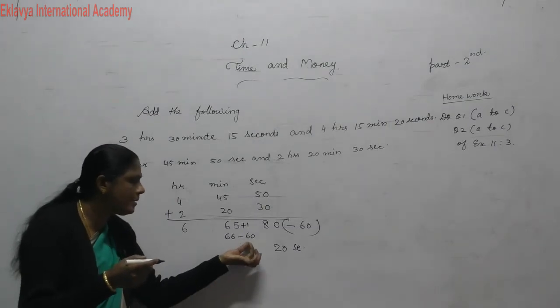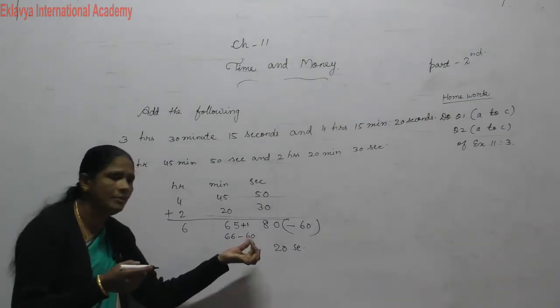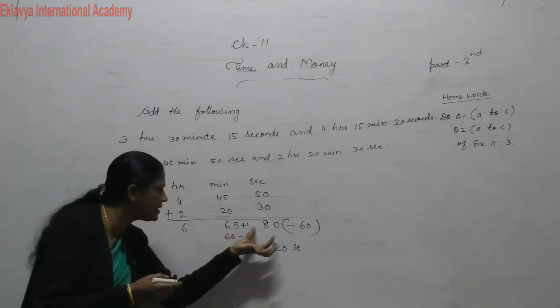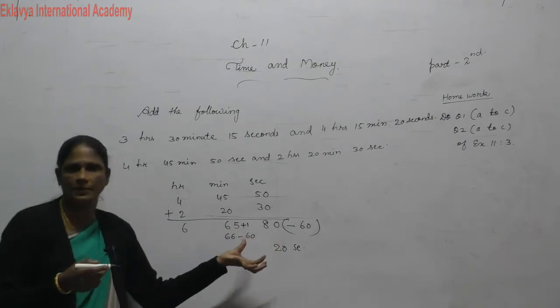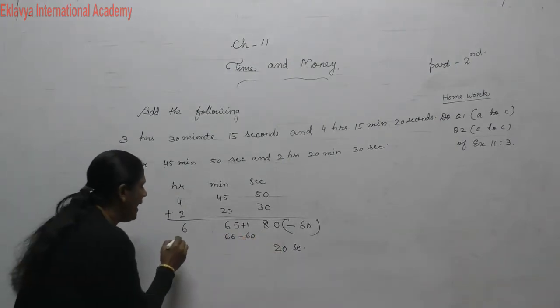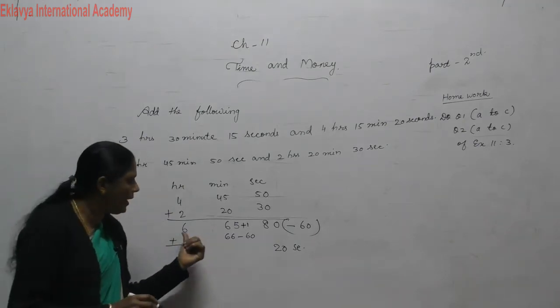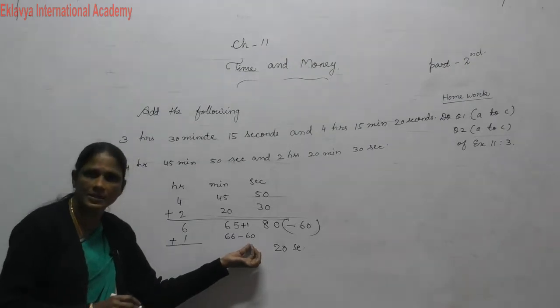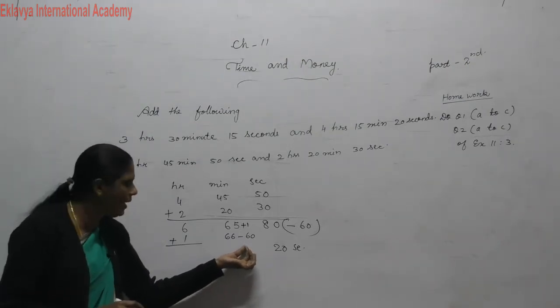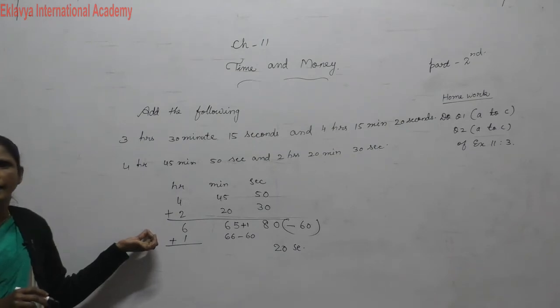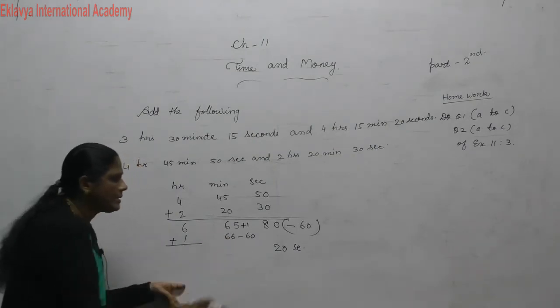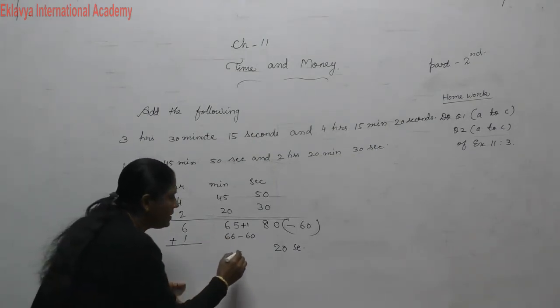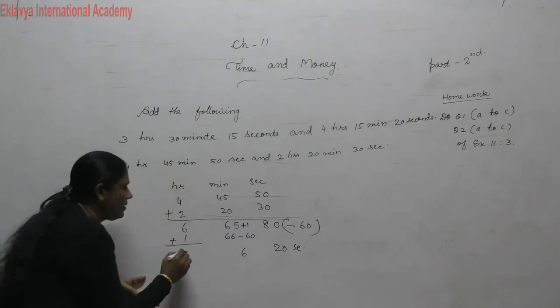Therefore, we subtract 60 minutes from the 66 minutes. Then we add this 1 hour here. We subtract 60 minutes here, and this 1 hour we add. Then 6 here, 7.